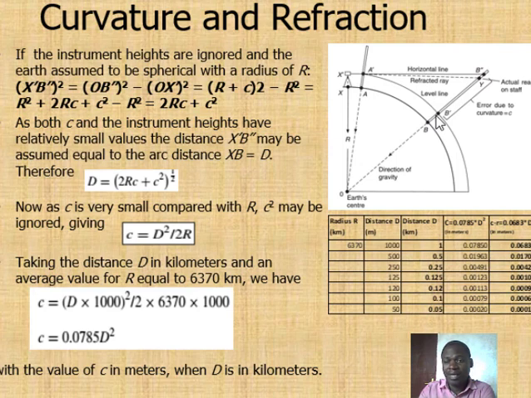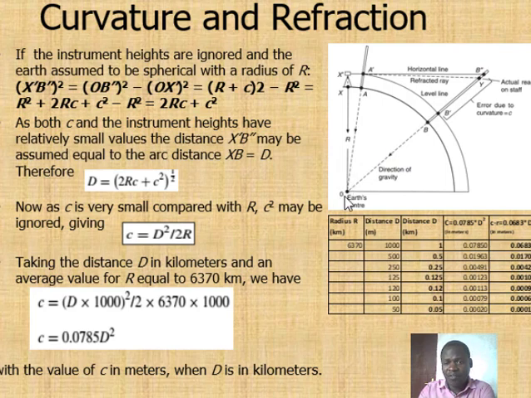It means that the distance between B prime and B second constitutes the error, and this error is called error due to the curvature, which is symbolized by C. But we know that according to the atmospheric conditions, the rays are refracted, and we read on Y and not on B prime, and this introduces another error due to the refraction, symbolized by R, and the combined error is equal to the distance between B prime and B second minus the distance R.